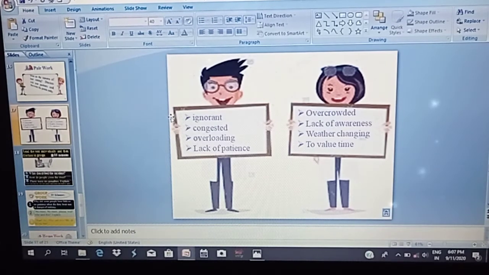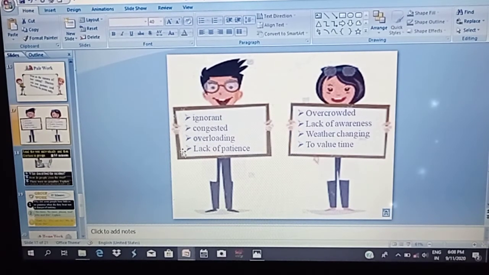They don't know. So because of their ignorance, the boat sank. Number two is congestion. Too many people were loaded on the boat. Number three, overloading. Number four, lack of patience.